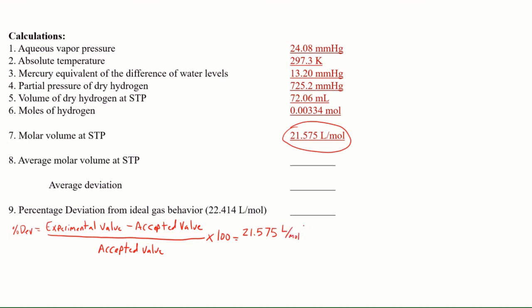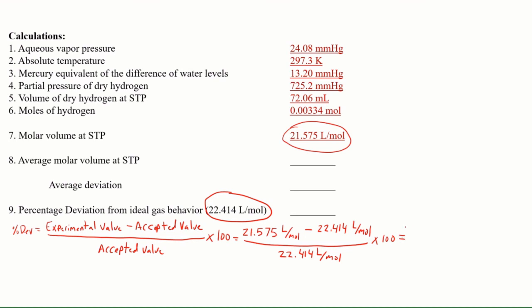So 21.575 liters per mole minus 22.414 liters per mole. That's my accepted value. Divide by my accepted, 22.414 liters per mole. Multiply by 100. Okay, do the math.